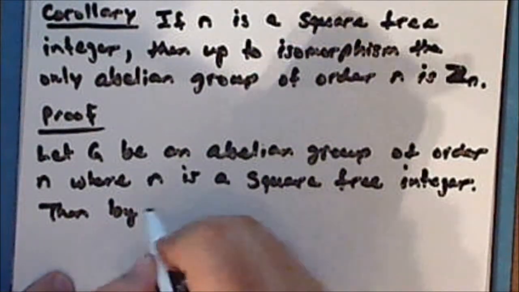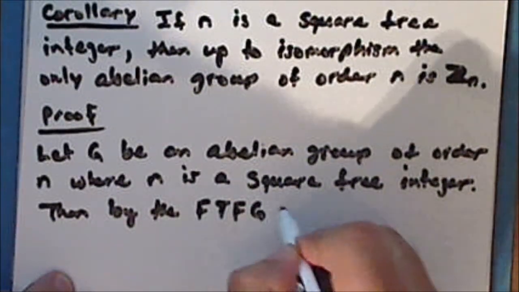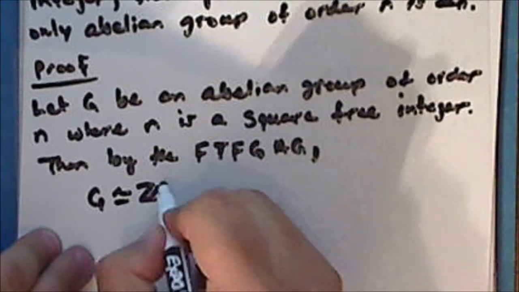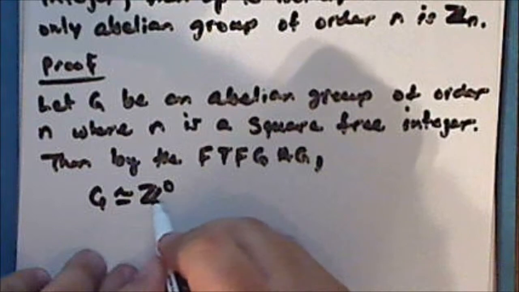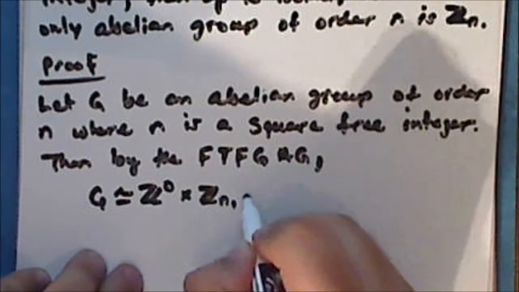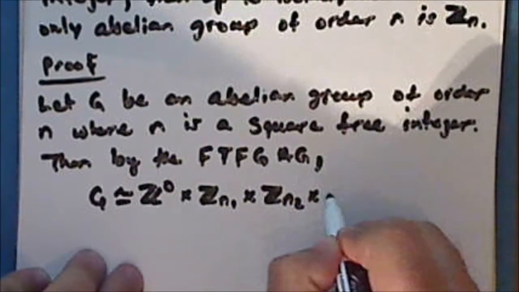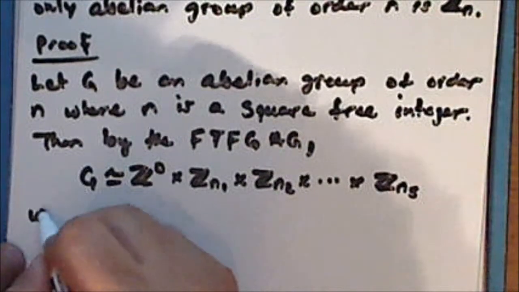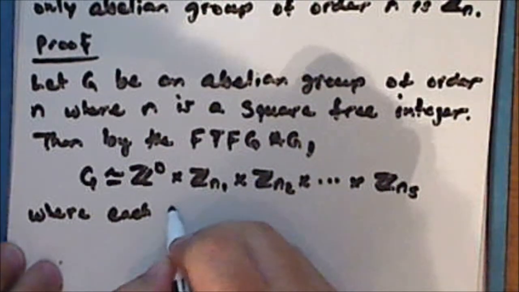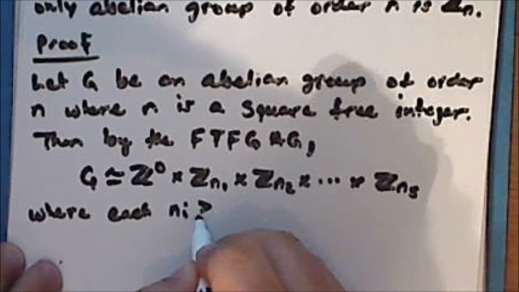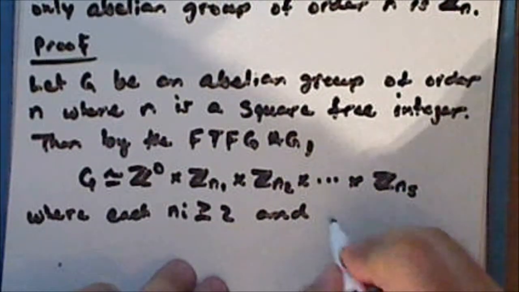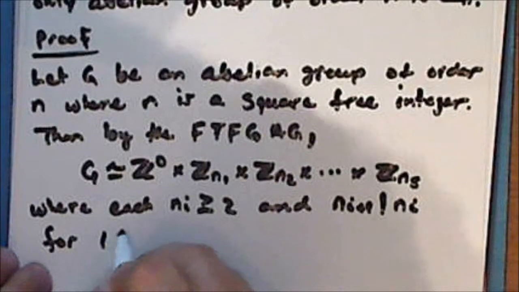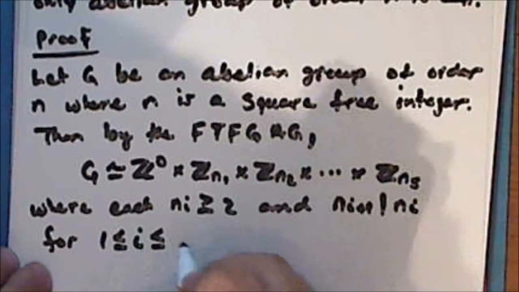Then by the fundamental theorem for finitely generated abelian groups, the group G is isomorphic to the direct product of the integers superscript 0 times the integers modulo n sub 1 times the integers modulo n sub 2 and so on through the integers modulo n sub s, where each invariant factor n sub i is greater than or equal to 2, and n sub i plus 1 divides n sub i for i greater than or equal to 1 and less than or equal to s minus 1.